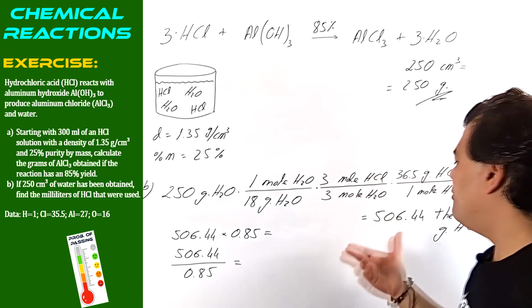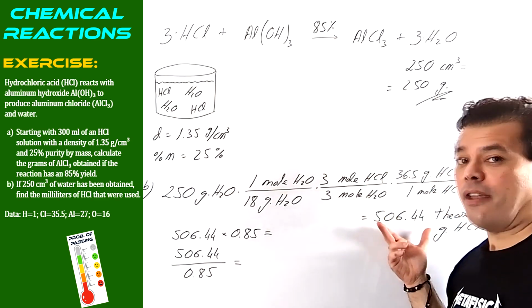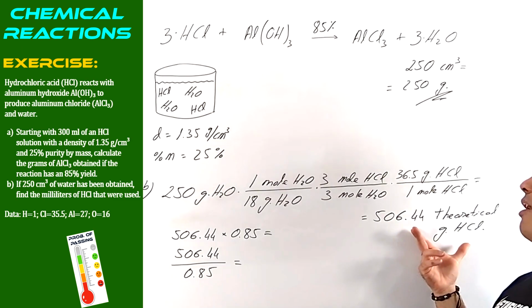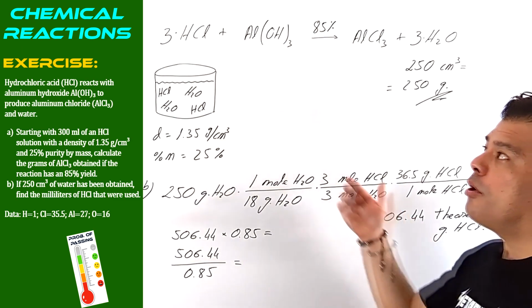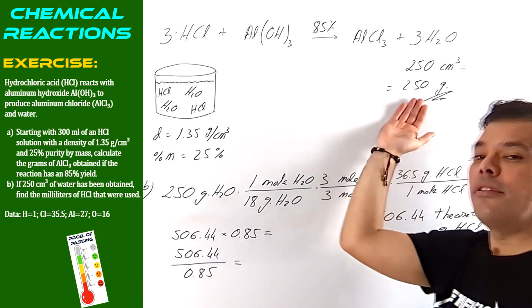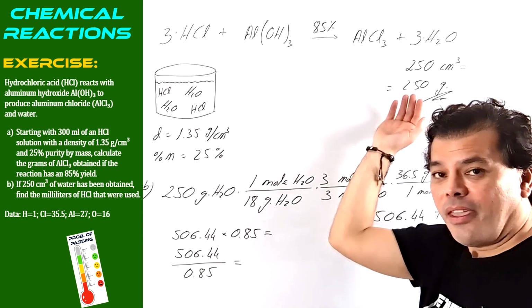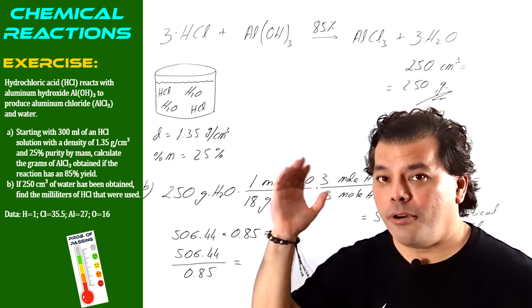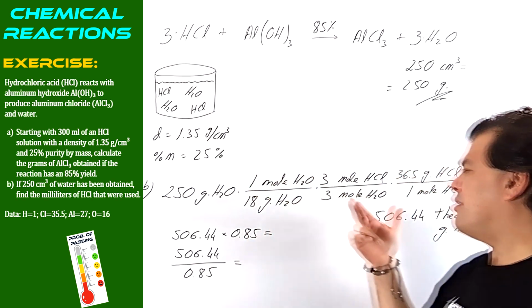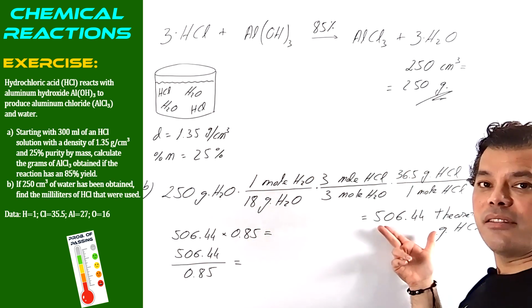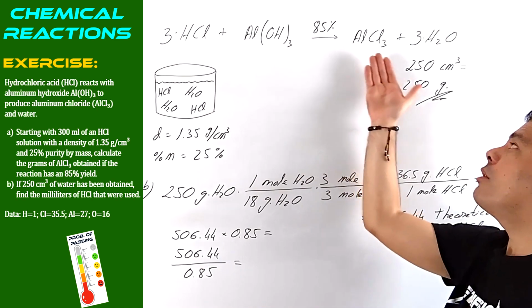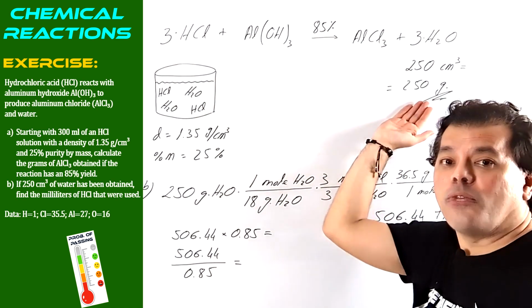And now it's time to calculate the real grams of hydrochloric acid that were used. And do you think that using 506.44 grams of hydrochloric acid, we will obtain 250 grams of water? Our reaction is not perfect, so using this amount of hydrochloric acid, we would obtain a smaller quantity of water.